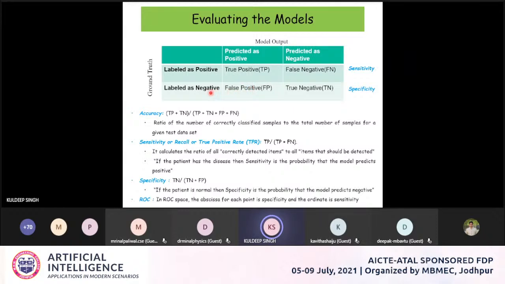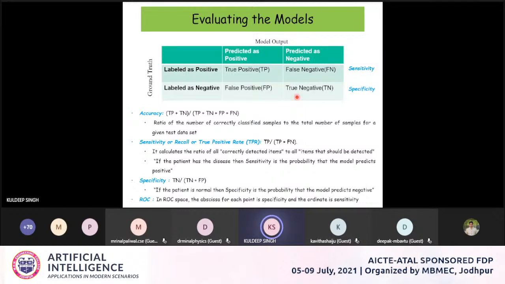The patient didn't have COVID-19 but the model is saying that you have COVID-19 infection. So the idea here is these two parameters, these two numbers should be close to 0. These are nothing but the number of the test images classified in these respective categories.